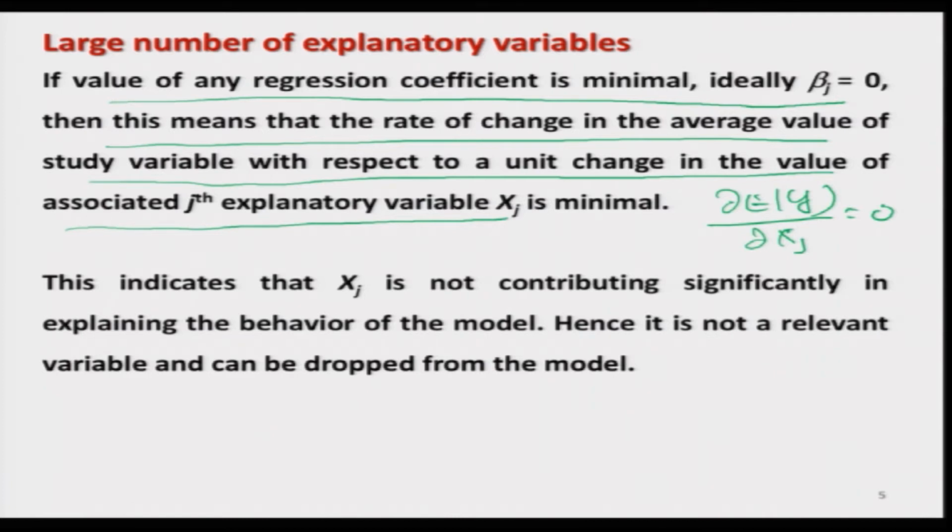So, this indicates that x j is not contributing significantly in explaining the behavior of the model, and hence I can say that it is not a relevant variable, and this variable can be dropped from the model.